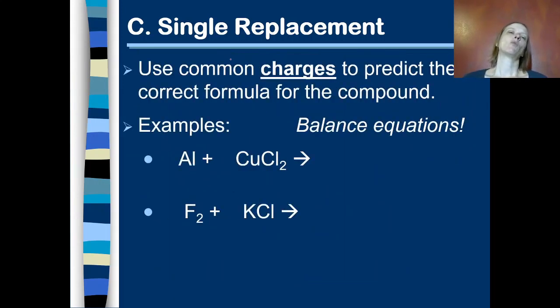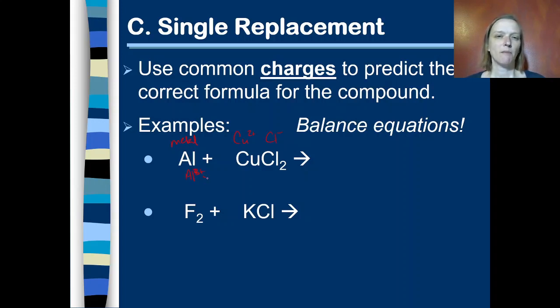Okay, we're still going to be using the common charges to predict the correct formula for the compound. So let's look at what we've got here. Aluminum is a metal, so it's going to take the place of the cation in this compound. This compound has copper ions with a +2 charge and chloride ions with a -1 charge. Aluminum is going to stop being an element and become an ion, and it's going to have a charge of +3.